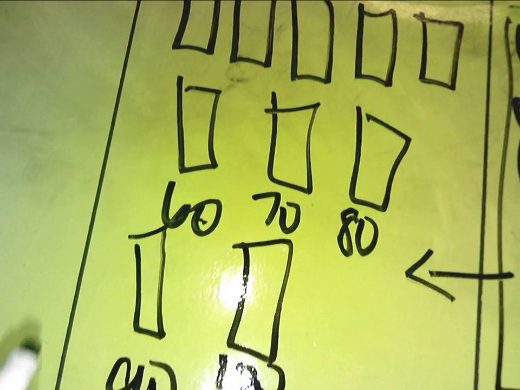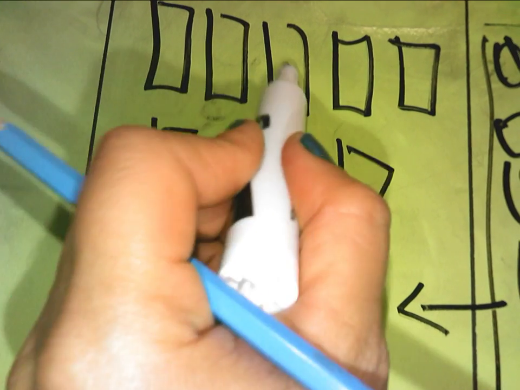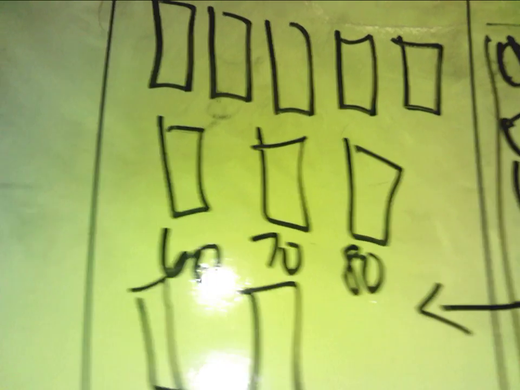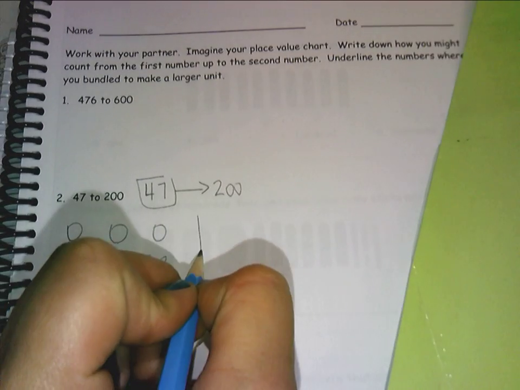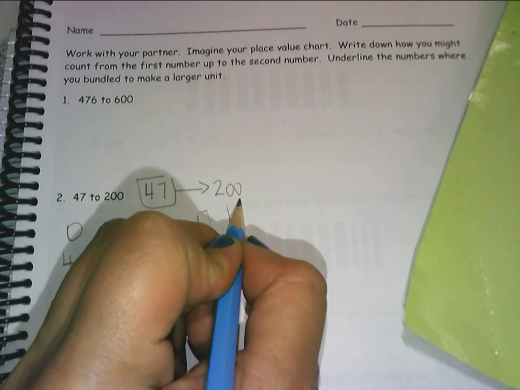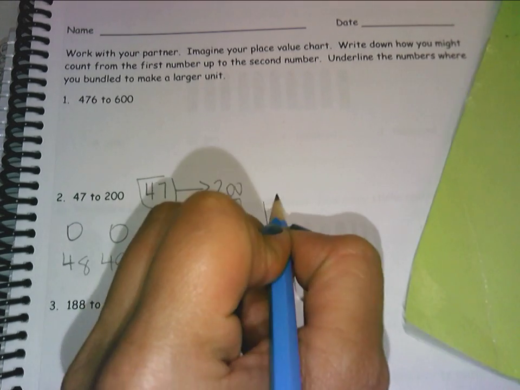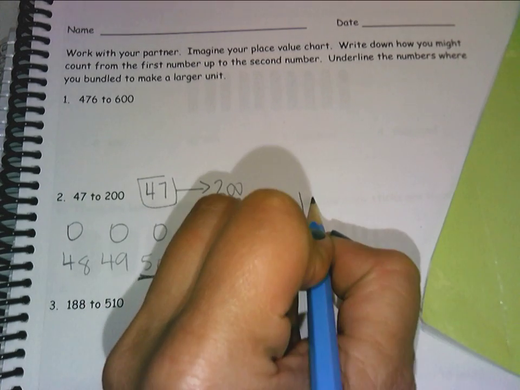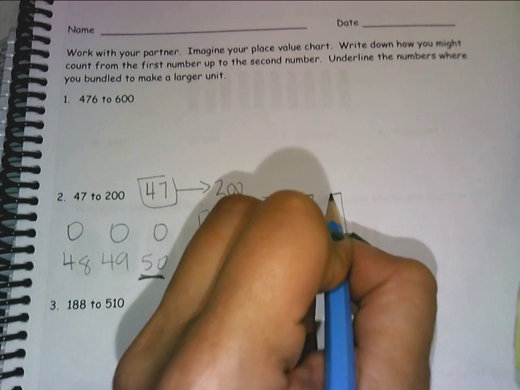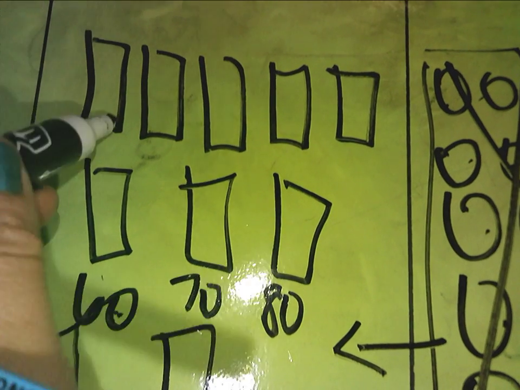Ooh, I have 1, 2, 3, 4, 5, 6, 7, 8, 9, 10 tens. So let me add that over here. 60, 70, 80, 90, 100. So I have 1, 2, 3, 4, 5, 6, 7, 8, 9, 10.